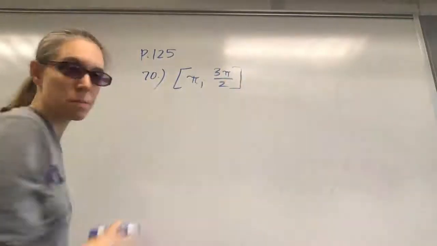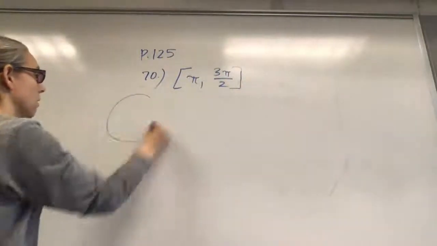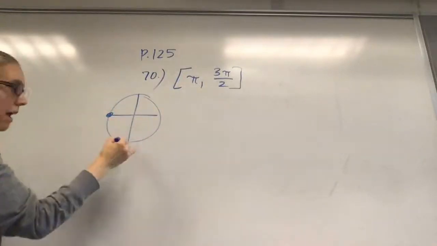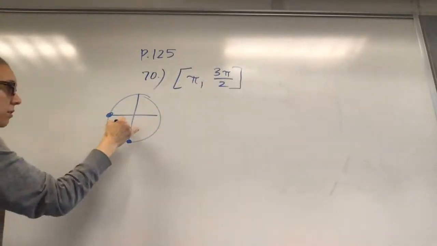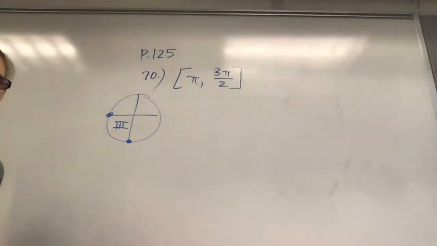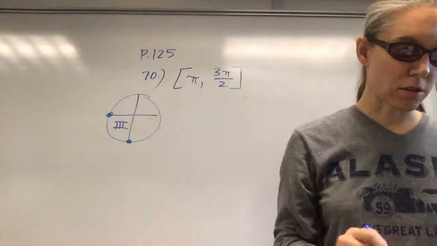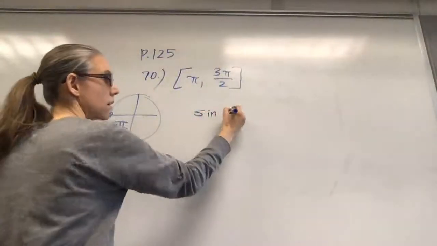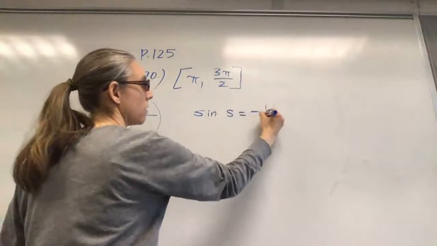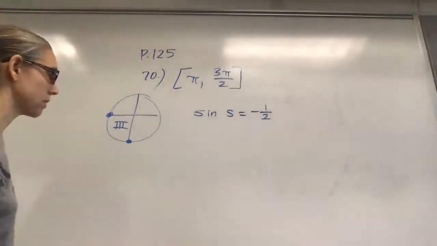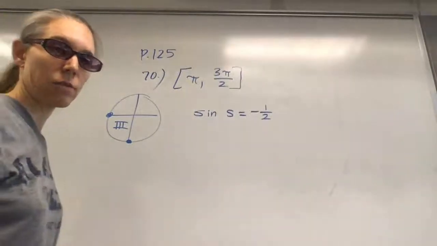So think about which part of the circle that is. Pi to 3 pi halves means that we're looking for a value in the third quadrant. So we need an exact value in the third quadrant. And the equation is that sine of S is equal to -1/2.